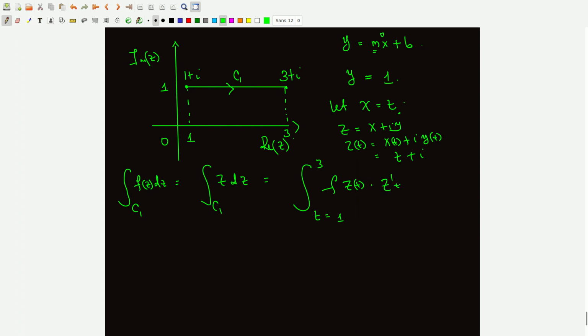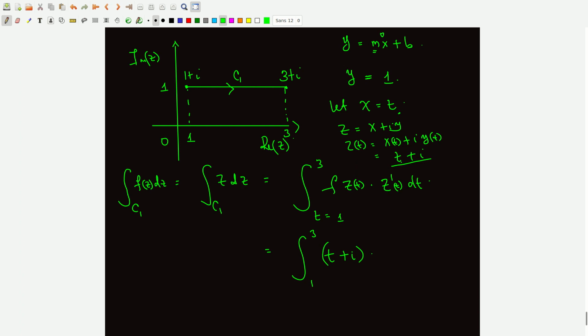times z dash of t dt, which is the integral from 1 to 3 of f(z(t)). We know f of z is z, therefore f(z(t)) is simply z of t. What is z of t? We already have the expression, which is t plus i, times the derivative.